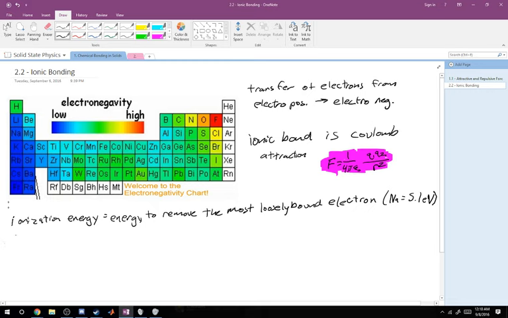Next off, we need the energy, or the electron affinity is what it's called. Why does the pen freak out like that? Electron affinity, and that is the energy change when the electron binds. Or basically, how does the book state it?